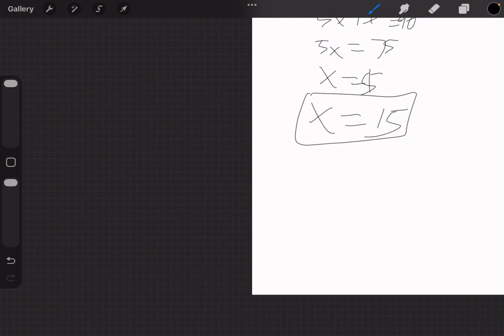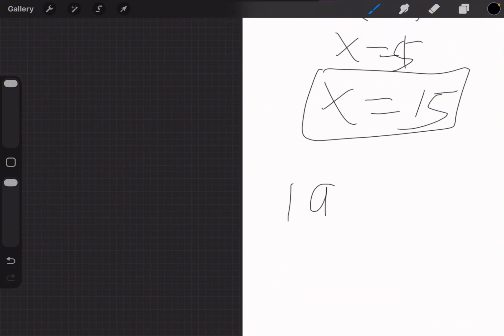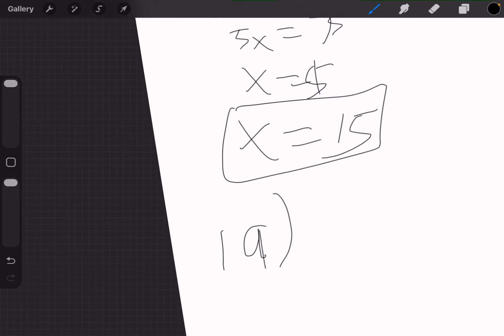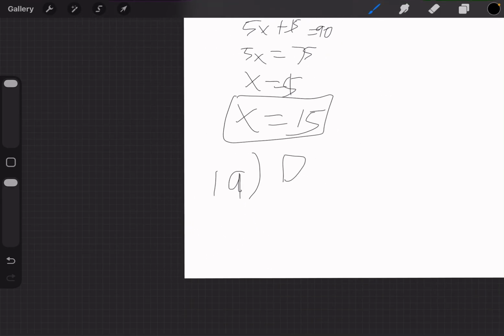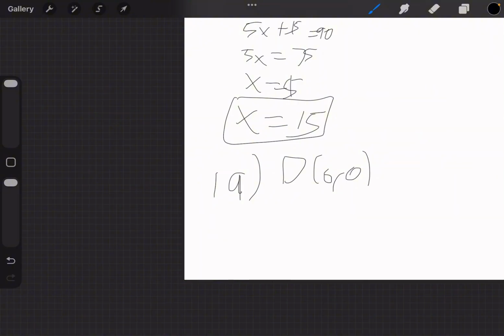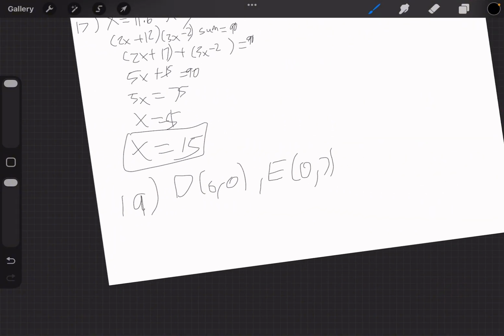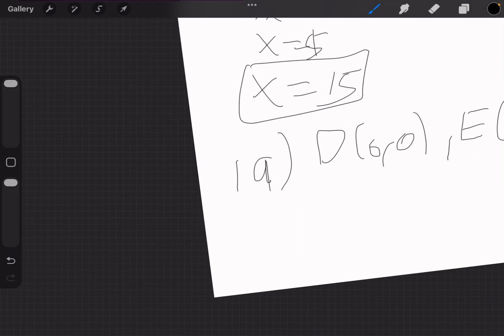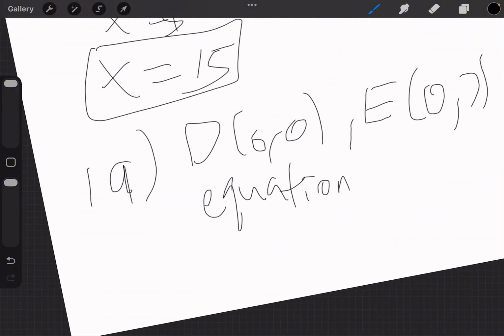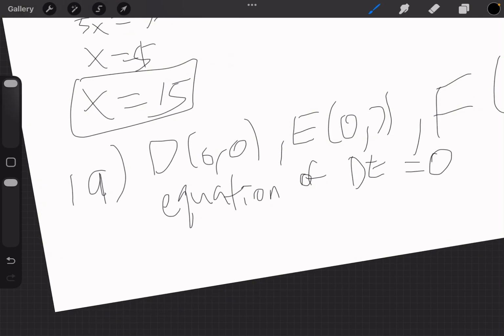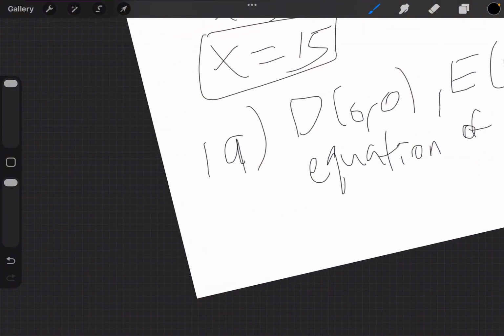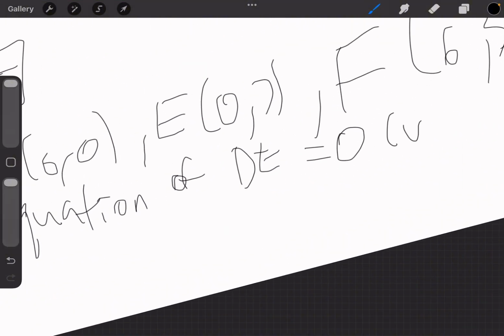Okay, so the next question I got wrong is 19. So D is (0, 0). E is (0, 7). F is (6, 3). And the equation of DE is x equals 0, and it's a vertical line.